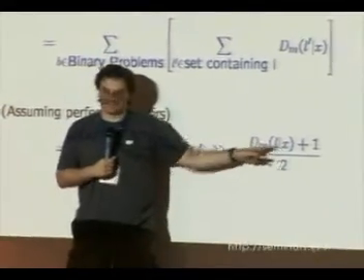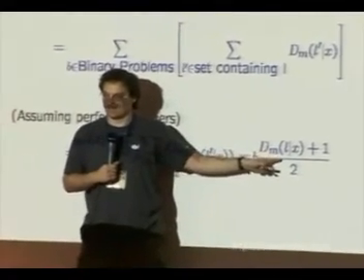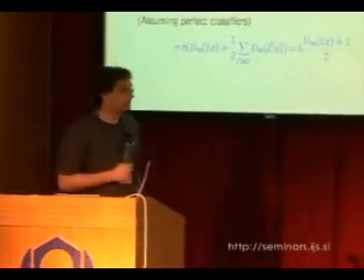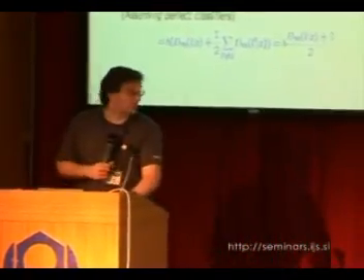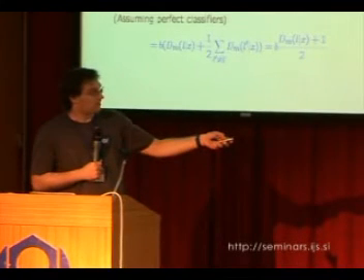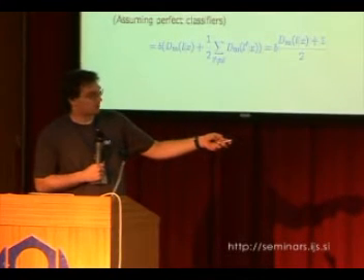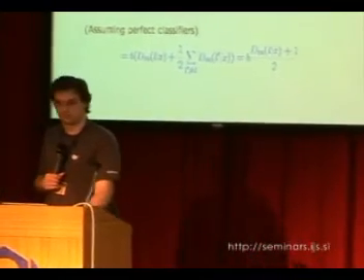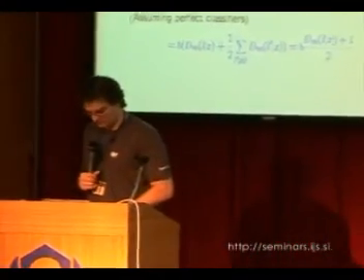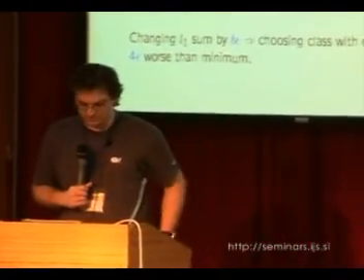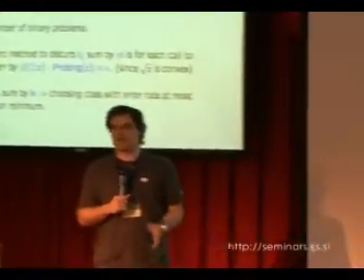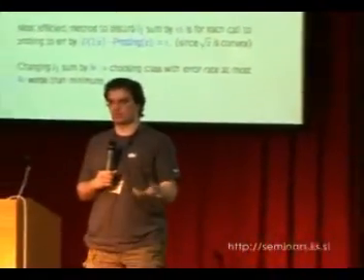That means you can actually estimate the probability of L given X when the binary classifiers are perfect. So in particular, you could take this sum, divide by B, multiply by 2, and subtract 1. And that would be a prediction of this value.